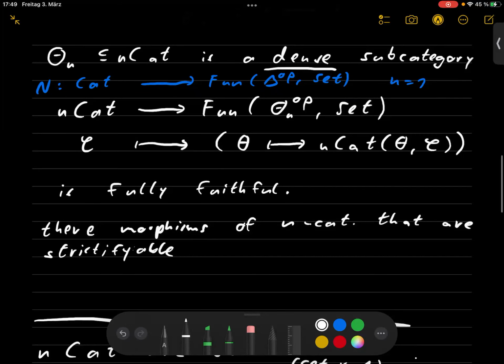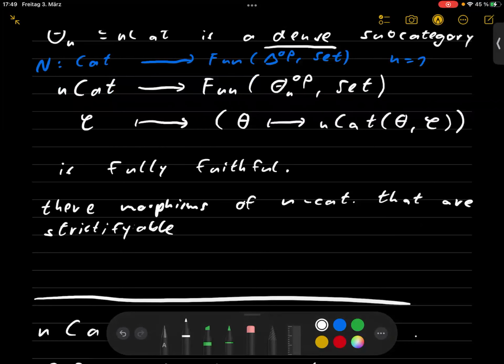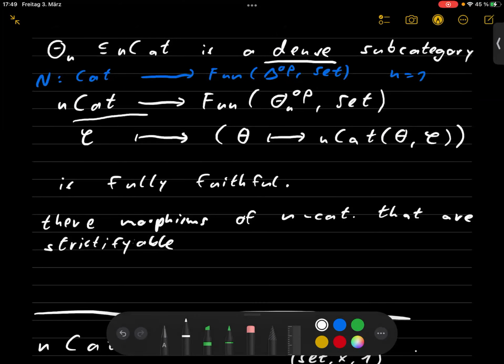And then this means that when this is fully faithful, then it would mean that whenever we have some morphism in there, maybe a morphism between morphisms and so on in the correct way, then it should, if this is fully faithful, and this makes sense when we have some notion of wreath category.